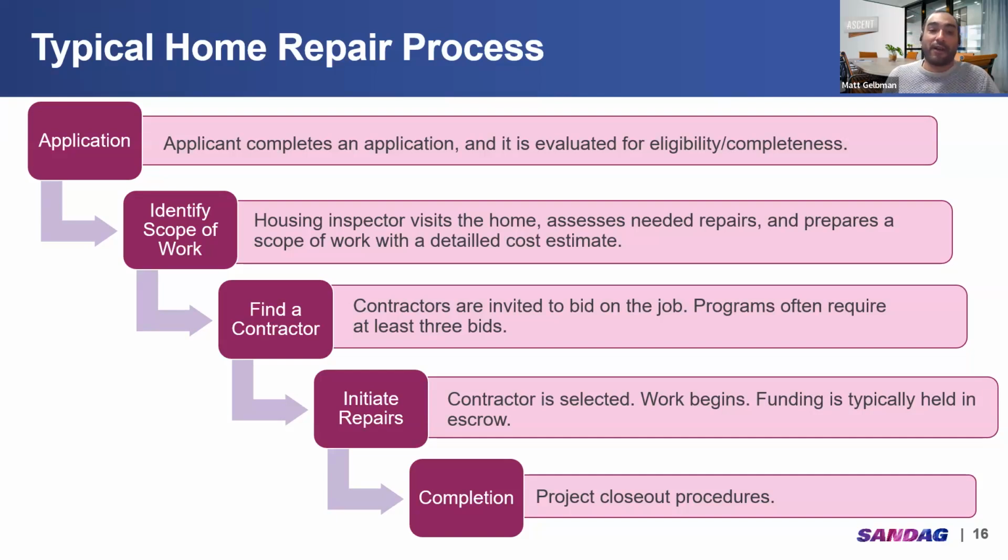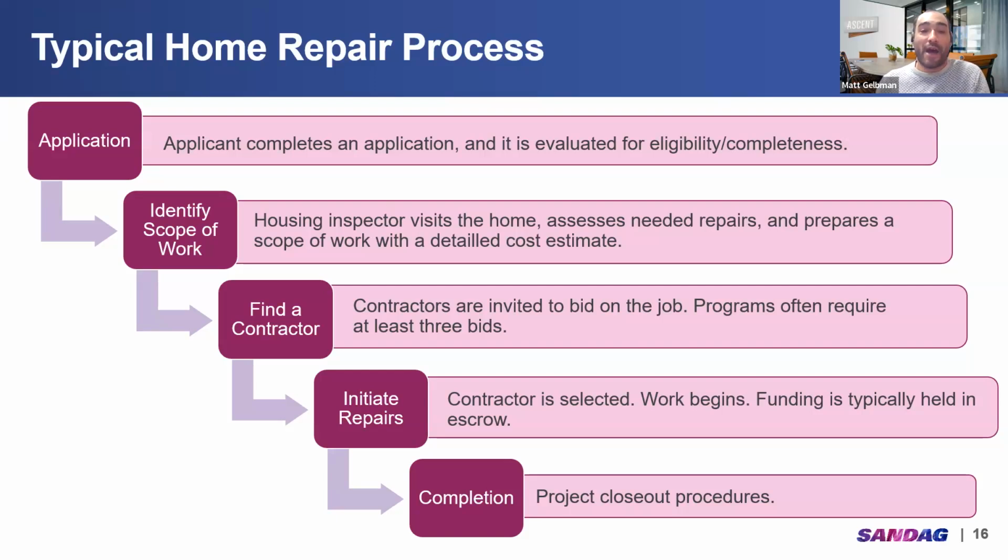And then next is often an inspection and consultation with the homeowner to evaluate the extent of the repairs and examine how much work is really needed to address the issues. From there, a scope of work and a cost estimate are developed, and contractors are invited to bid on the job. Programs often require 3 bids before selecting a contractor.